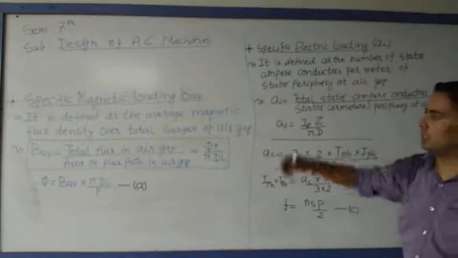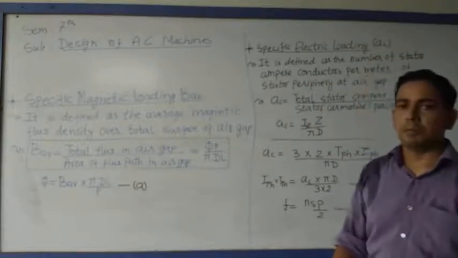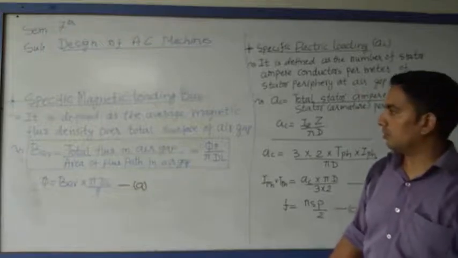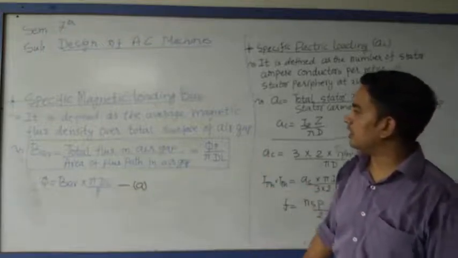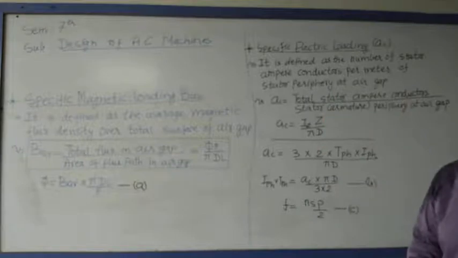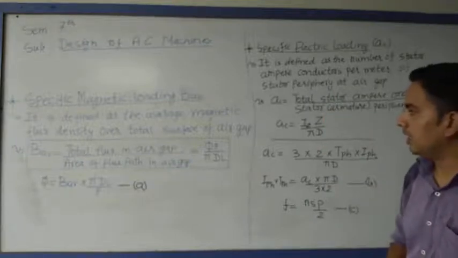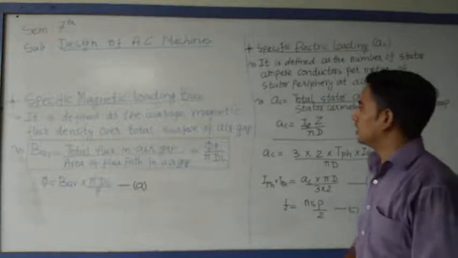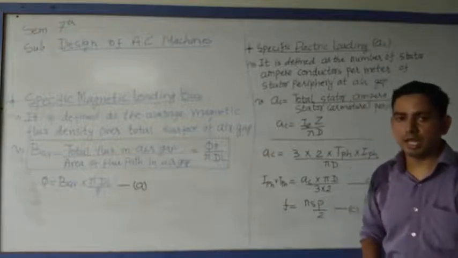First of all, let us see specific magnetic loading. It is defined as the average magnetic flux density over the total surface of the air gap.